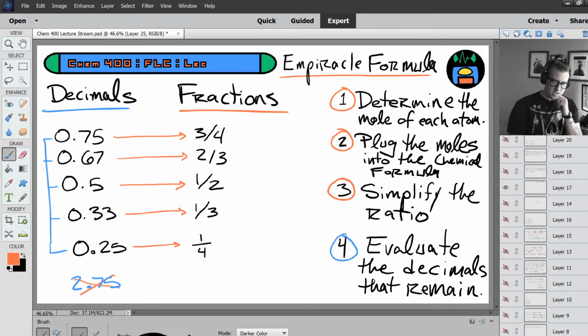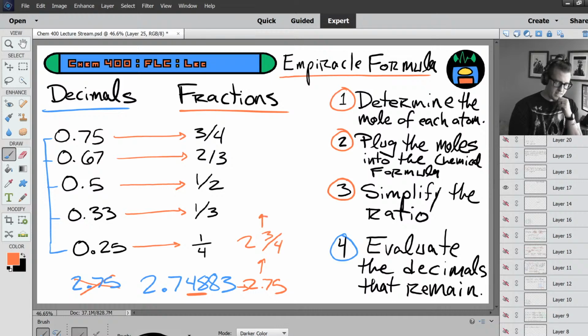You might see a number that's 2.74883, and you'll have to identify and go, wait a minute, this is 2.75. Let me convert this to a mixed number and then an improper fraction, and let me finish this empirical formula problem.